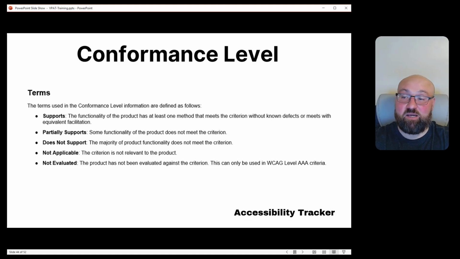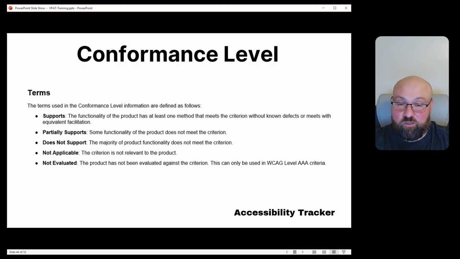So let's just say that we have headings in place and they are correctly nested, but we are missing bullet points. We don't have semantics for an unordered list. Instead, we just have dashes, and in that case, we wouldn't be fully conformant with 1.3.1. So that could be a case where we have partially supports.